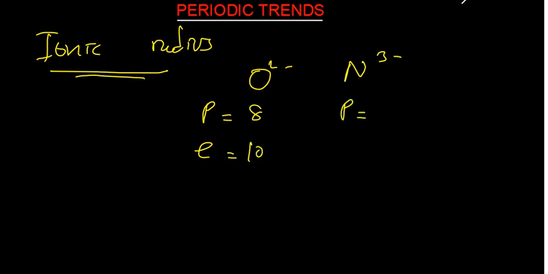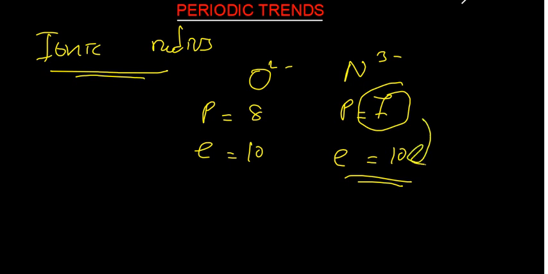This one has got a proton number of what? 7. So if it gained electrons, they are now 10. Okay, because it had gained 3 more electrons, as we can see above there. Now, the electrons are higher in nitrogen than the protons. So because the electrons are higher, it will be very difficult for these protons to pull strongly these electrons. So this will be much bigger.